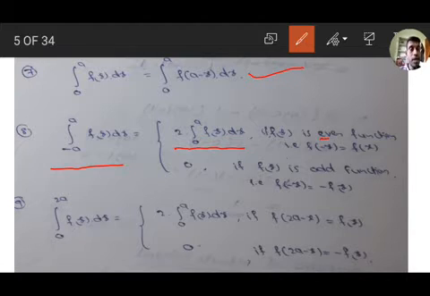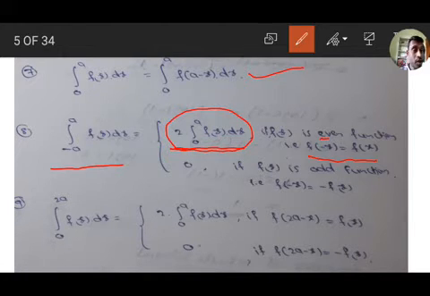Next, integration minus a to a f of x dx equals 0, if f of x is an odd function.